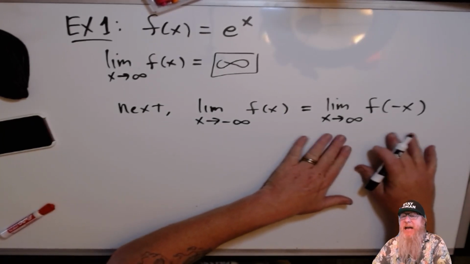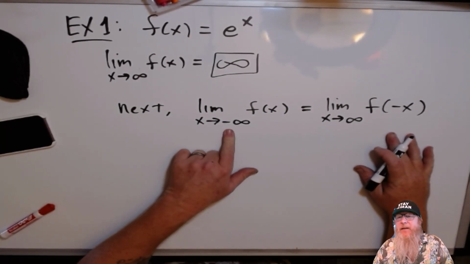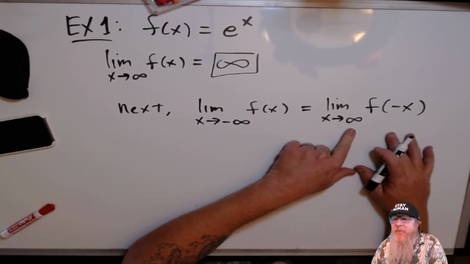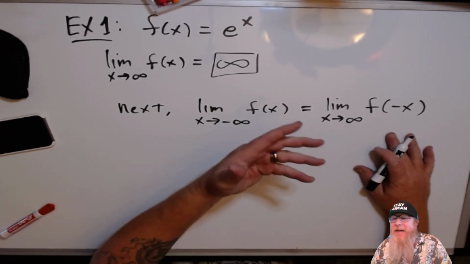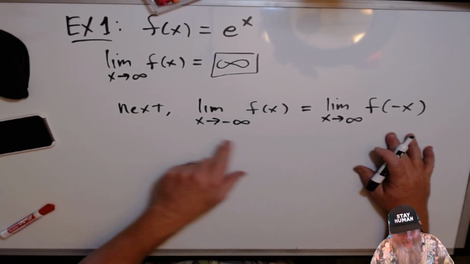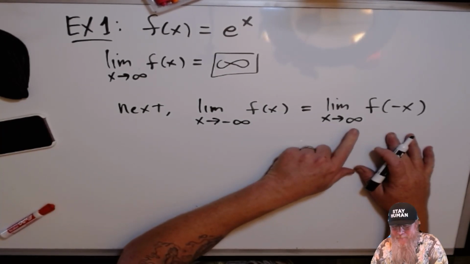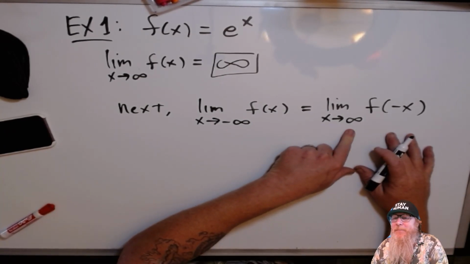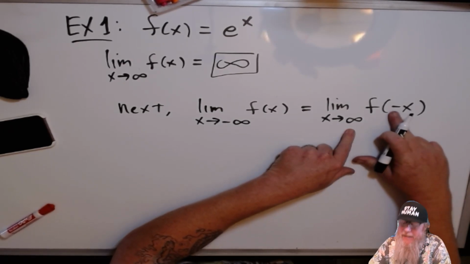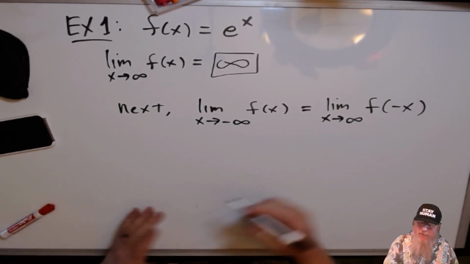This is the standard technique for evaluating limits at negative infinity because we have a definition for positive infinity. So we don't need to make a new definition, right? We can just say the limit as we approach negative infinity, by switching it to positive infinity and then turning the x around the other direction.